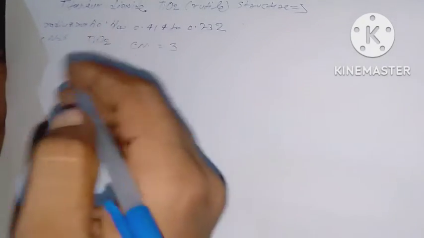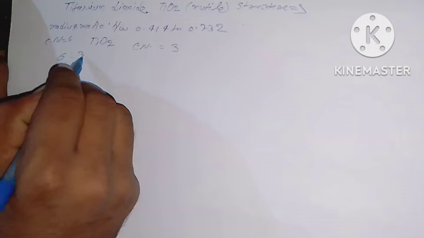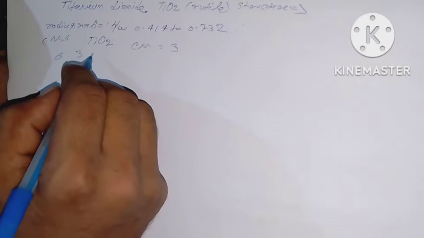Hence titanium dioxide has a 6:3 type of structure.